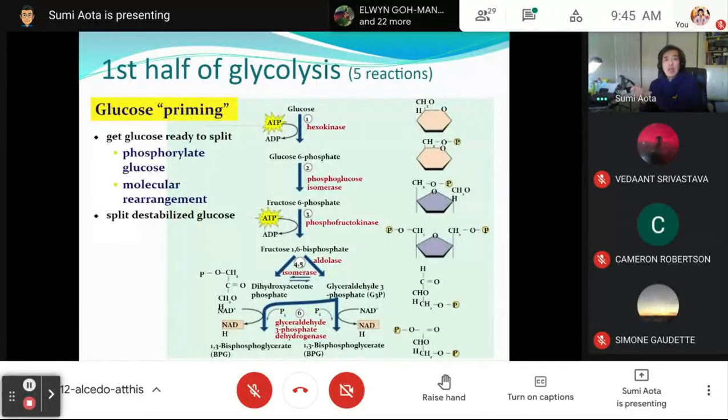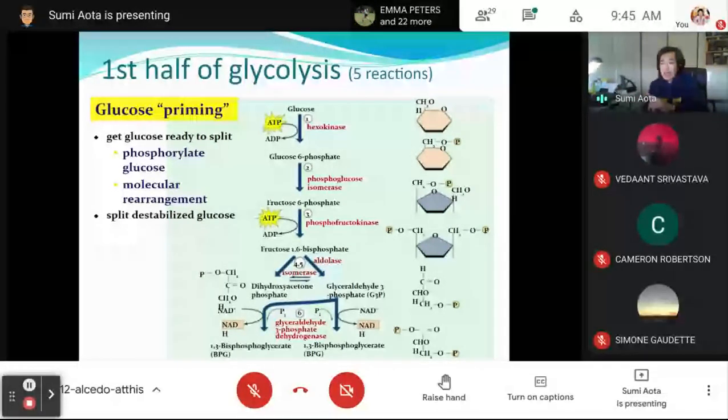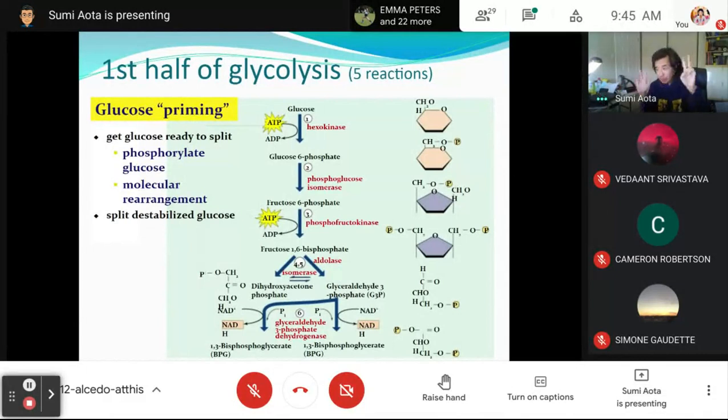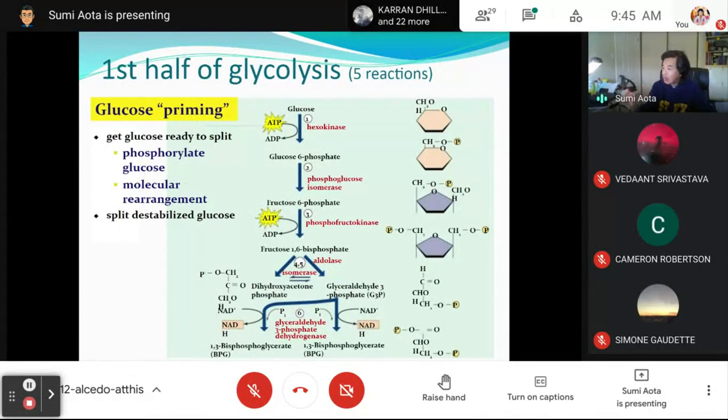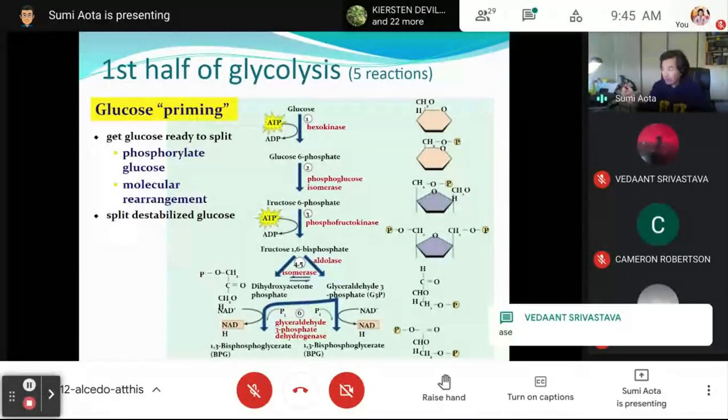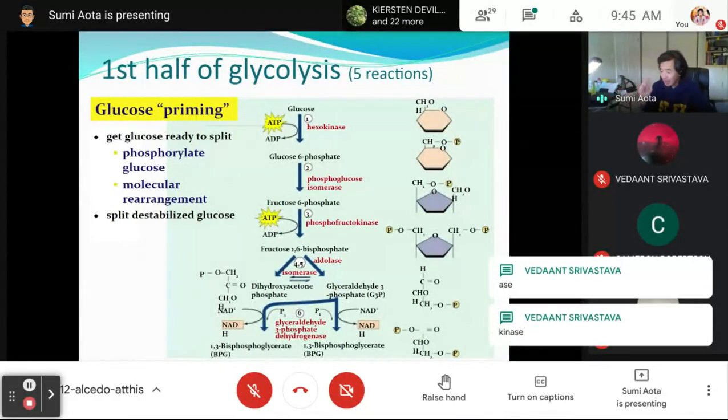So the first half of glycolysis, the endergonic phase, the energy investment phase, think of it as priming or pumping up the glucose. We're basically getting the glucose ready to split. We're going to phosphorylate the glucose. What kind of enzymes are involved in phosphorylation? How did we always recognize an enzyme? Kinase. Yeah.